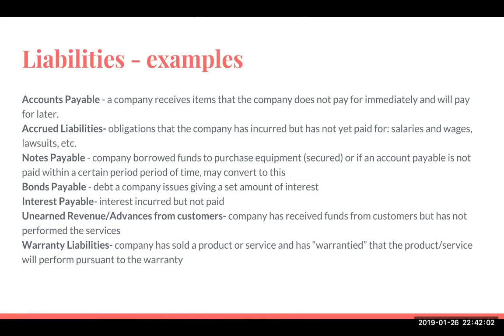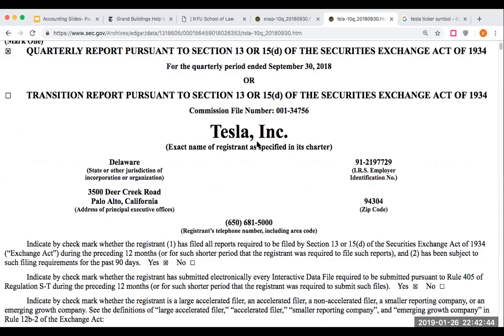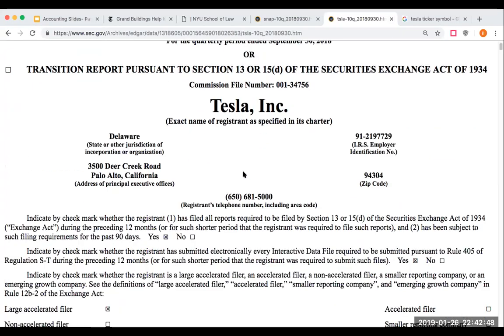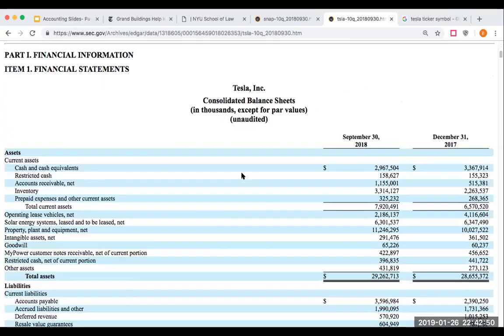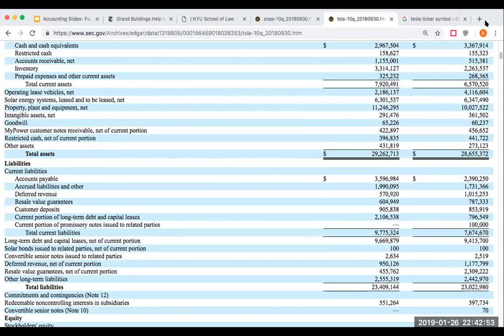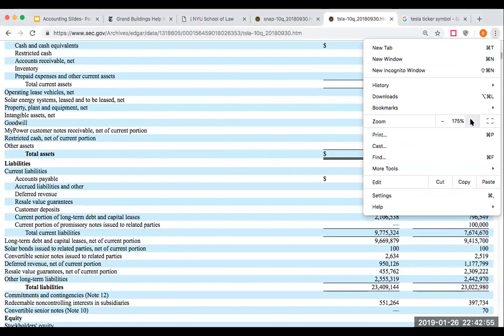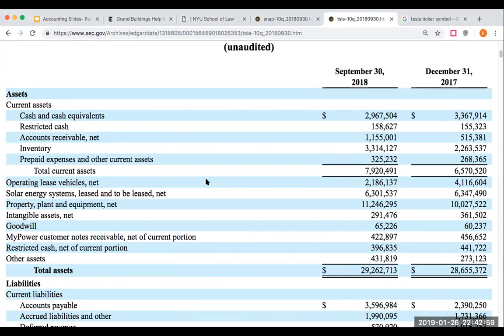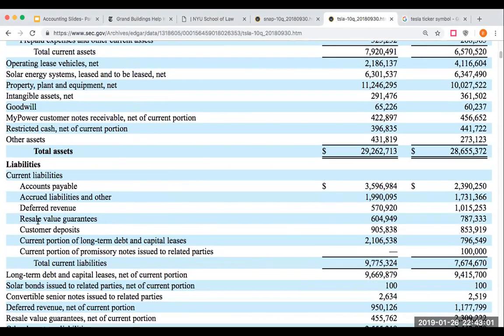I'm going to pause real quickly and show you an example of a company that has this. If I take a look here at Tesla, and remember we were going through some liabilities and looking at different examples, when I go down to their current liabilities, I see here, oh, there's deferred revenue, and then there's customer deposits.